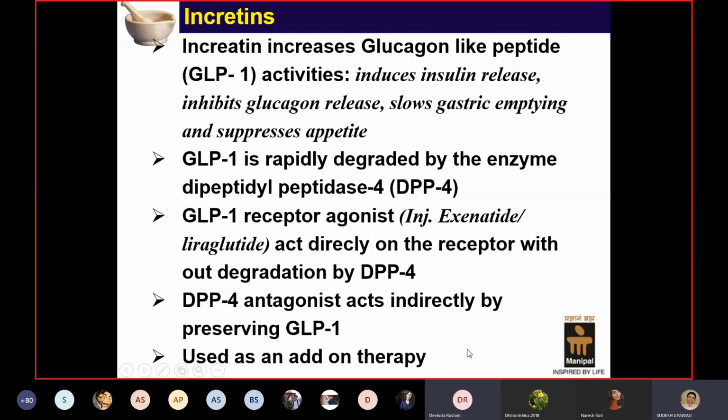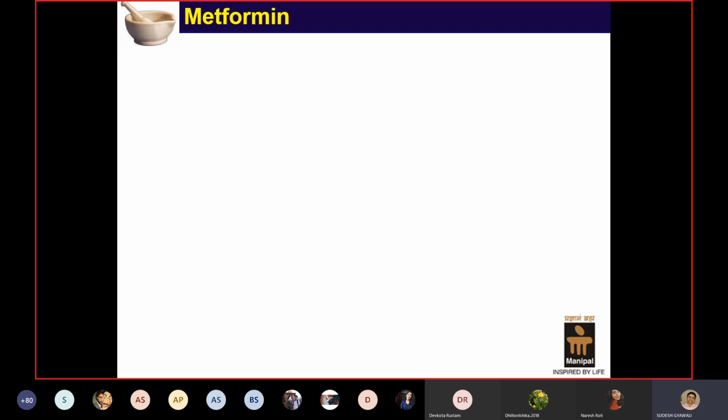Yes, sir. Okay, have you understood? Yes, sir. Okay. Can you tell me the difference between the GLP agonist and the DPP4 antagonist? Which one is directly acting, which one is indirectly acting? Yes, Rustam?